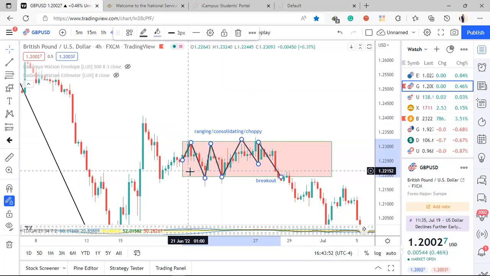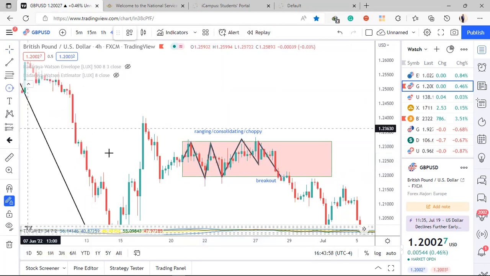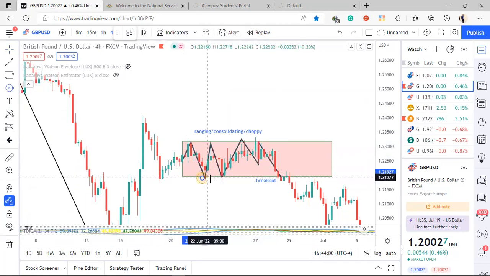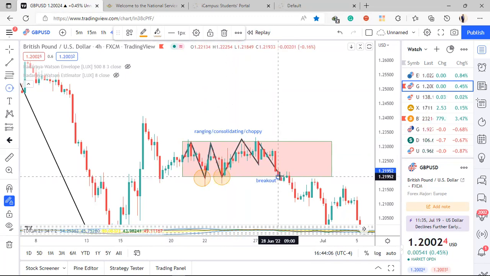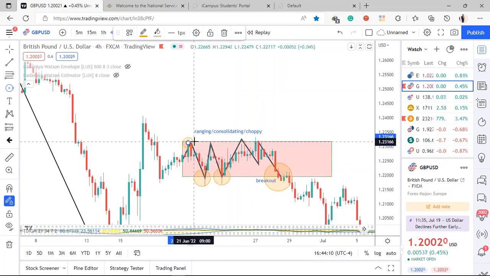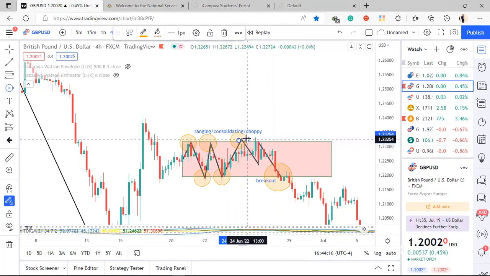And you see, at this stage, you buy. At this stage, you buy. At this stage, you buy. At this stage, you sell. At this stage, you sell.